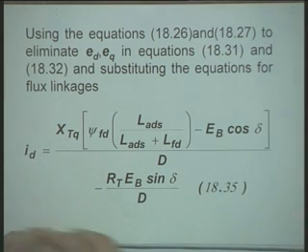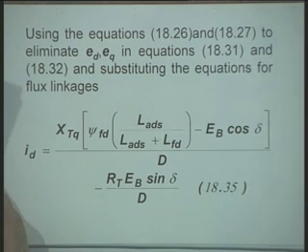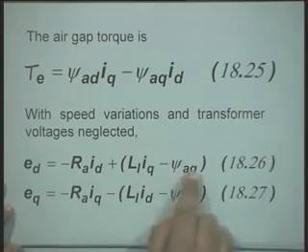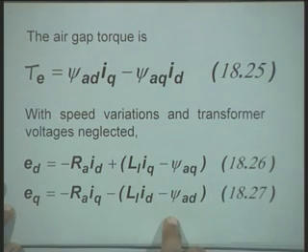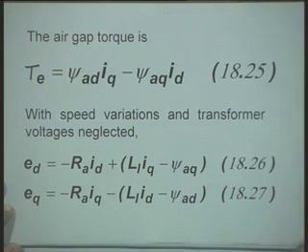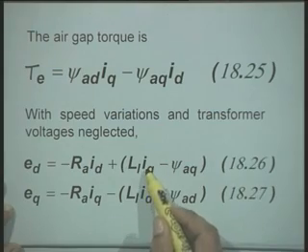These are the two equations where E d and E q are expressed in terms of our intermediate variables I d and I q.